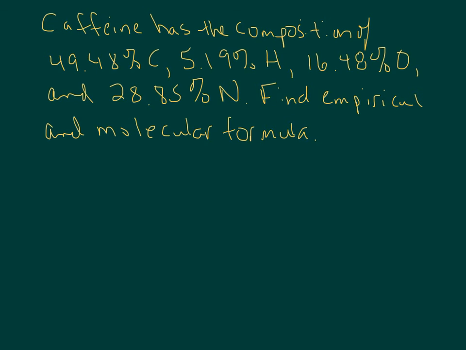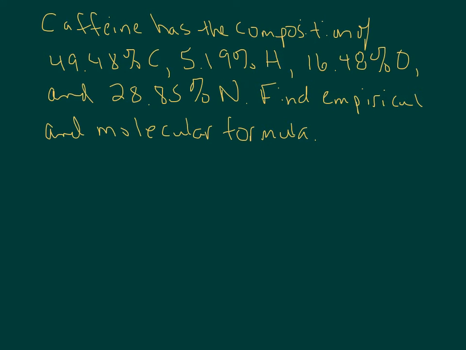Okay, now we're going to do the longest problem because these problems involve finding both the empirical and molecular formula. First, we have a problem up here. Caffeine has the composition of 49.48% carbon, 5.19% hydrogen, 16.48% oxygen, and 28.85% nitrogen.